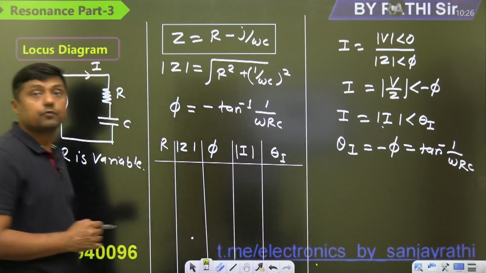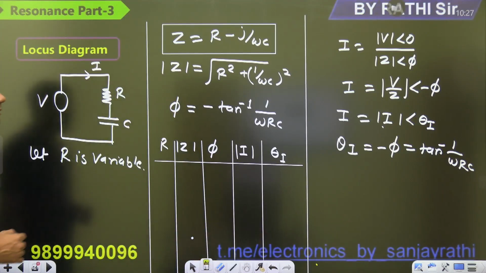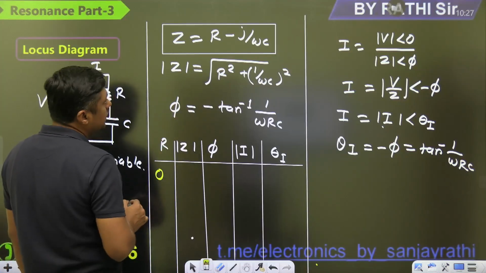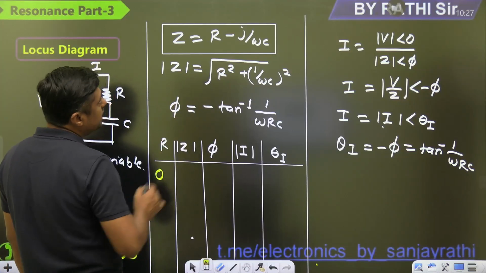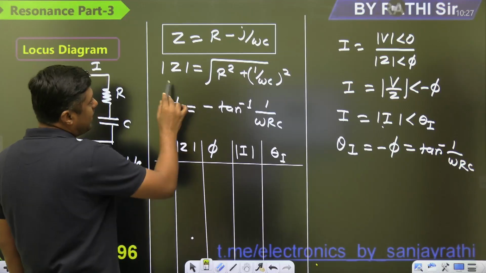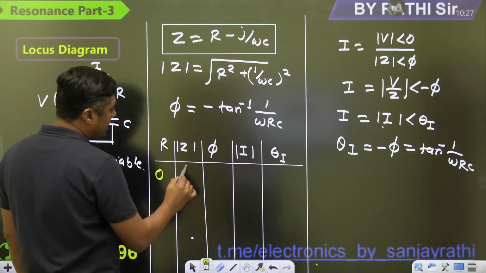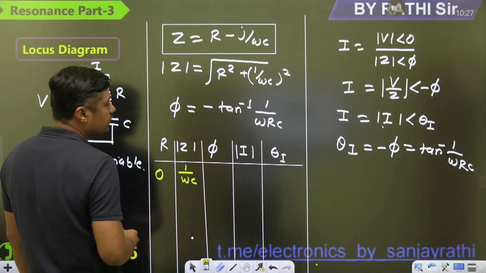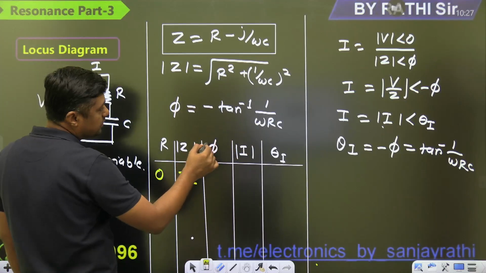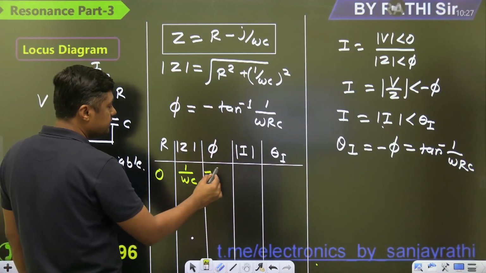Okay, watch it carefully. For example, initially we take R equal to 0. If R is 0, then Z is what? Minus j by omega C. So what is the magnitude of Z? Because R is 0, the magnitude is only 1 by omega C. What is the phi? Because R is 0, 1 by 0 means infinity, so minus 90 degree.